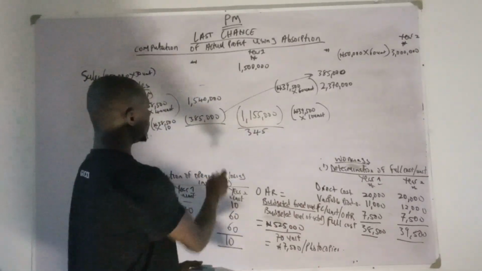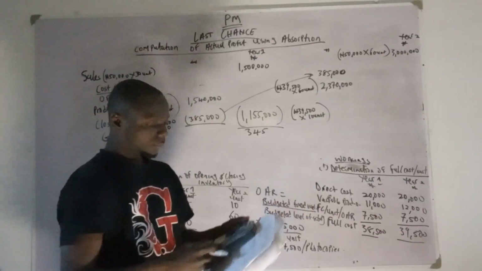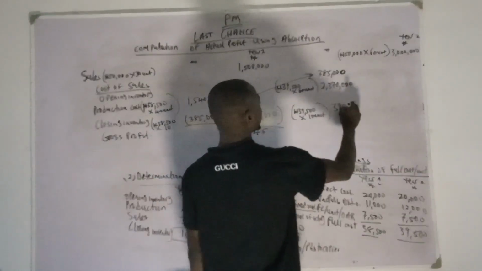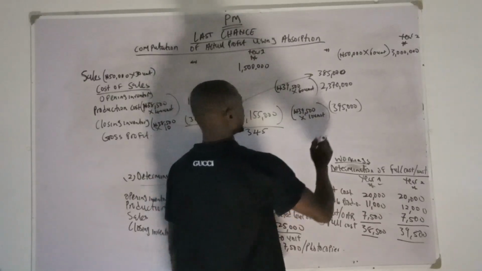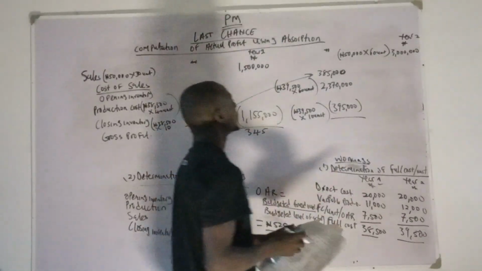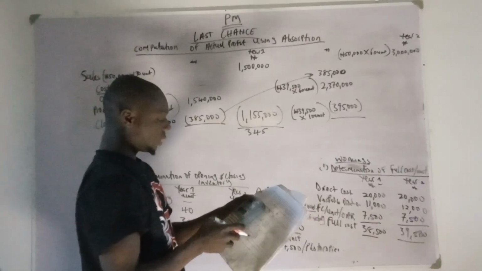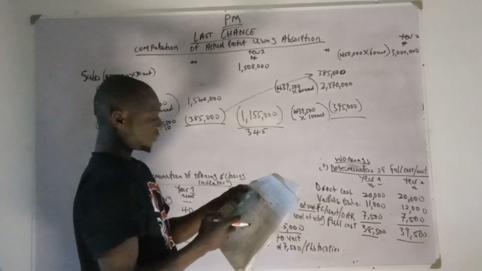That is the closing inventory. Times 10. This is 395,000. Okay. So we can have 385 plus 2,370 minus 395.